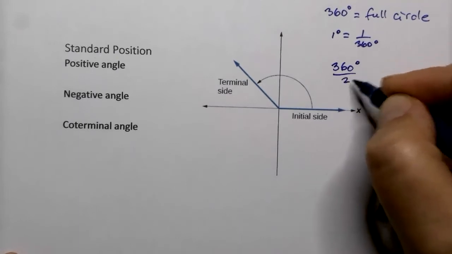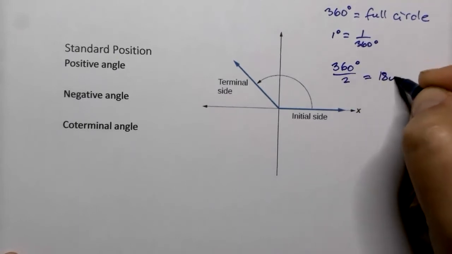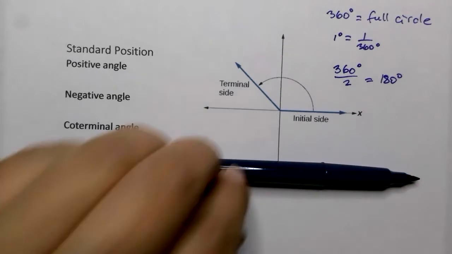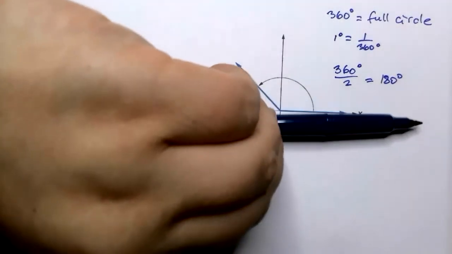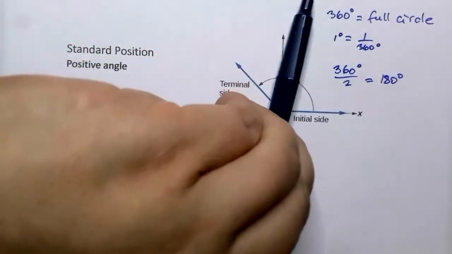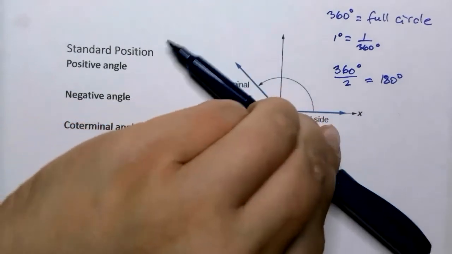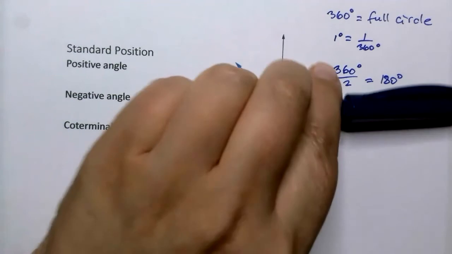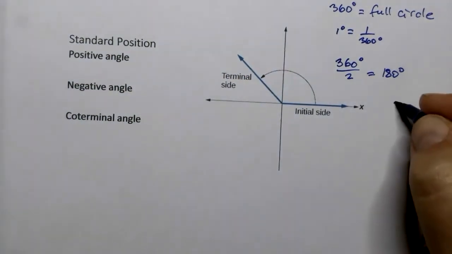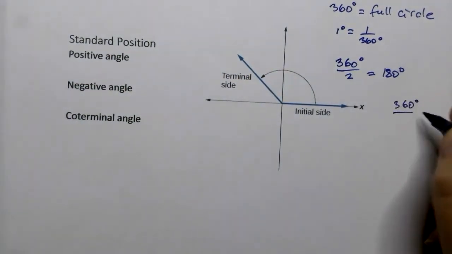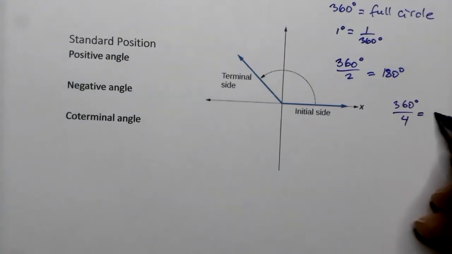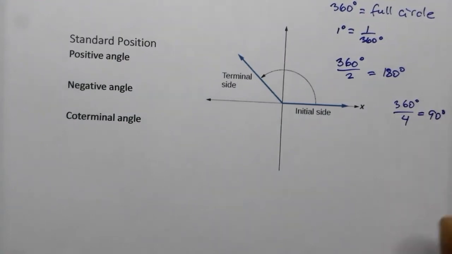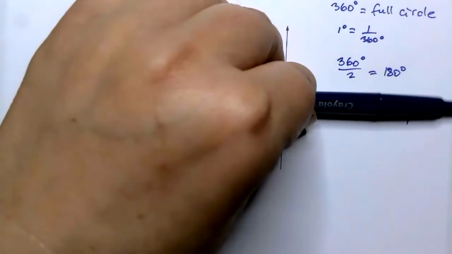So if you divide 360 by 2, that's going to be 180. If the second ray rotates only half a circle, that's 180. But if it rotates a fourth, that's going to be a 90-degree angle.